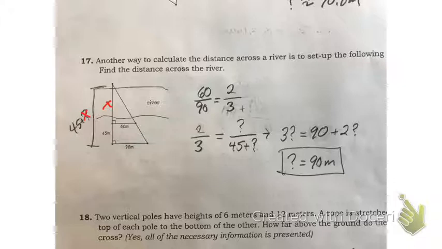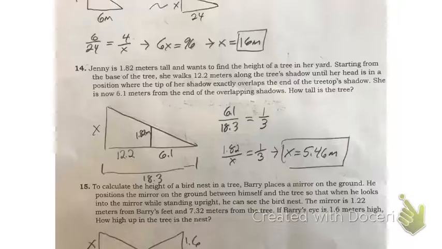Sabrina. Number 14. Number 14: Jenny is 1.82 meters tall, so I put Jenny right here. She wants to find the height of a tree.